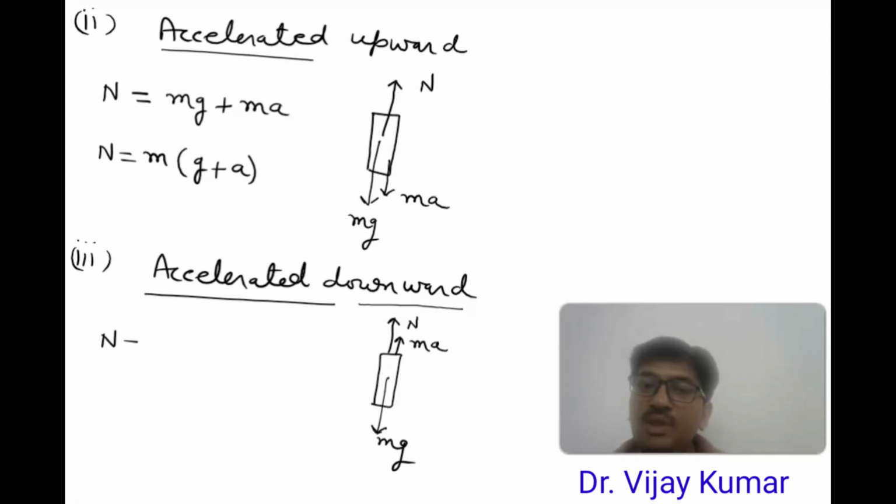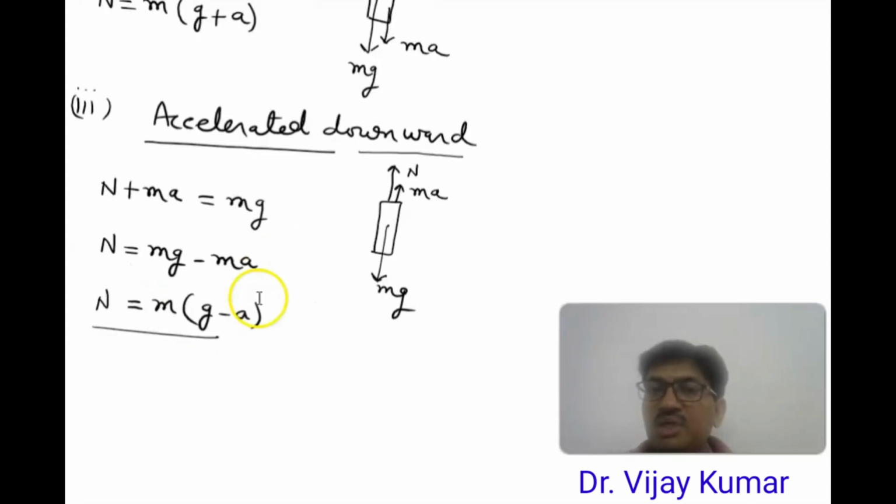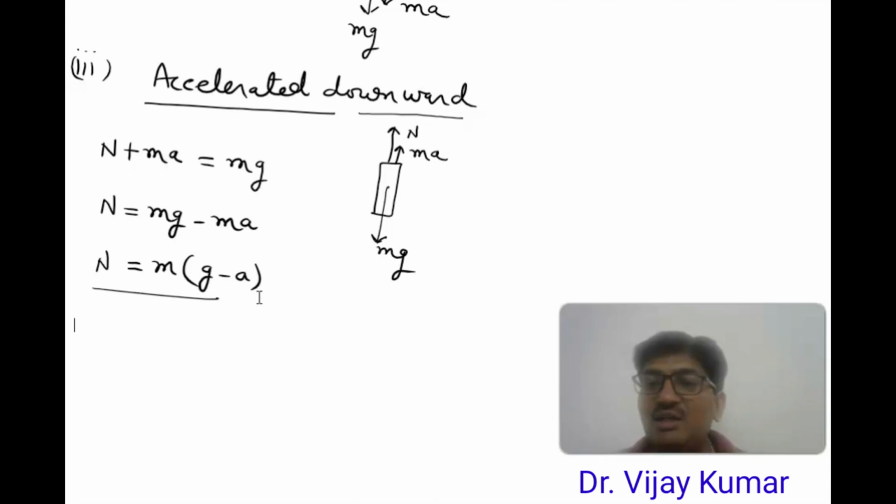So N plus ma, these forces in the upward direction, are balanced by the weight of the person mg, or we can say N equals mg minus ma, or m(g minus a).